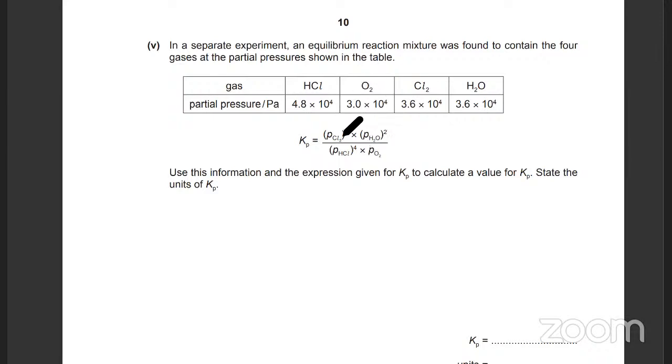That's plug in the values. Use this information and state the units as well. So you just have to plug in the values, and again, be very careful with your calculator. It's a test about using your calculator. So it's PCl2, which is this one, 3.6 times 10 power 4, and that's squared, into pH2O, which is 3.6 into 10 power 4.